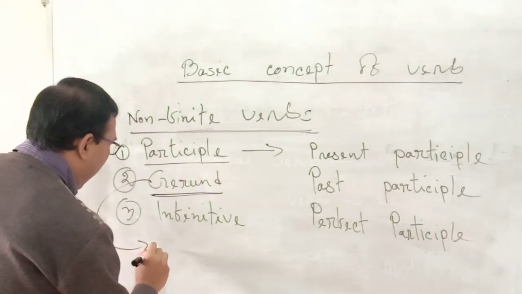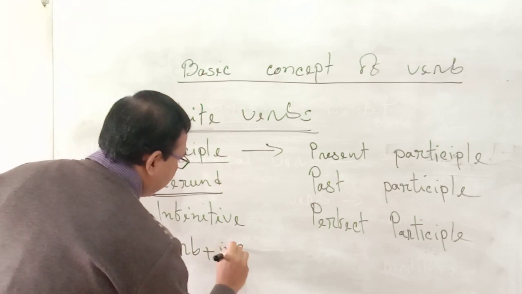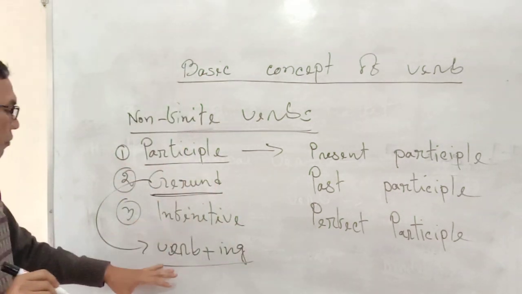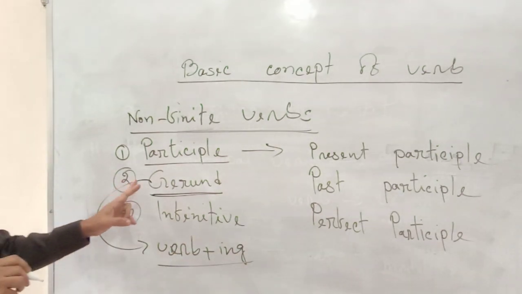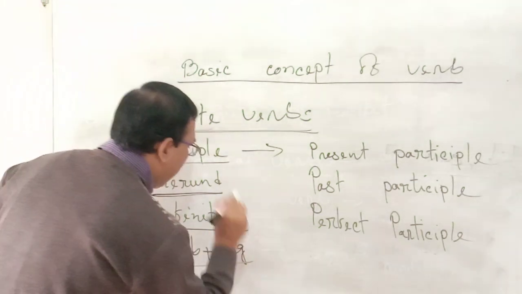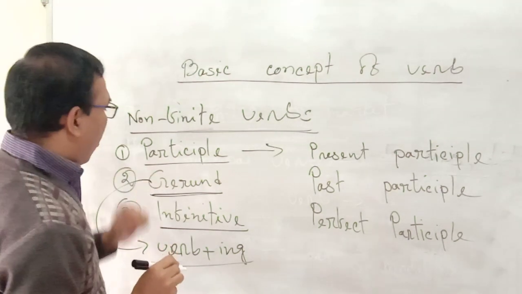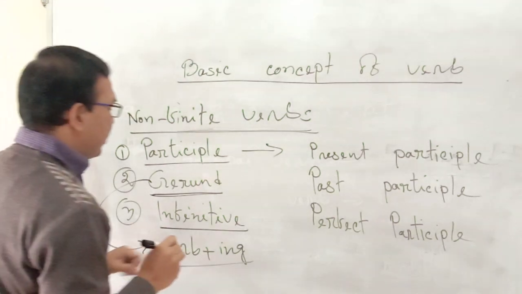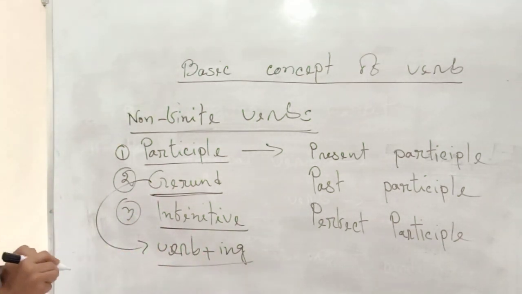Gerund is verb plus ing. If the verb with ing works as a noun, then that is called gerund. And infinitive is to plus the base form of the verb. Of course, there are zero infinitives, and in the case of zero infinitives, to is omitted, to is hidden.